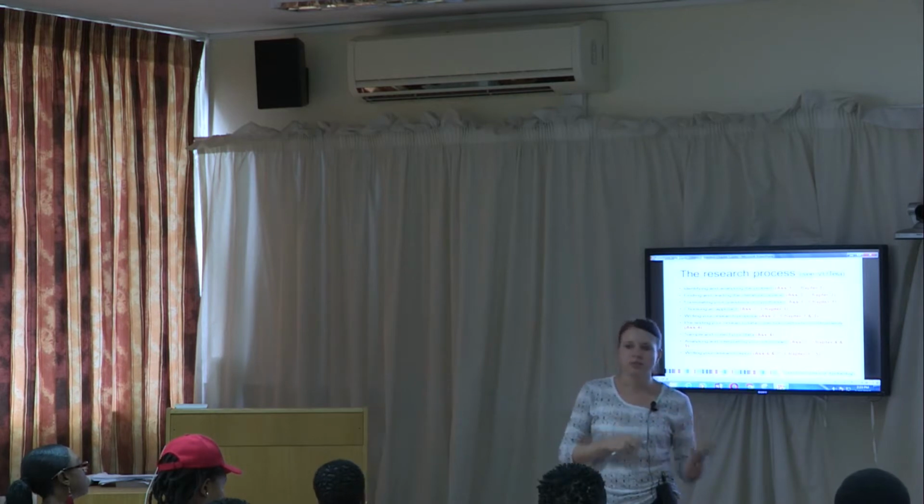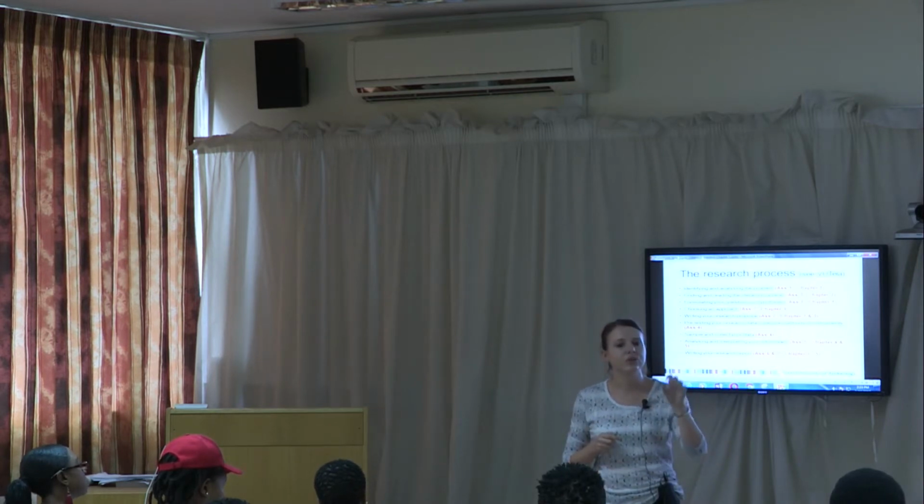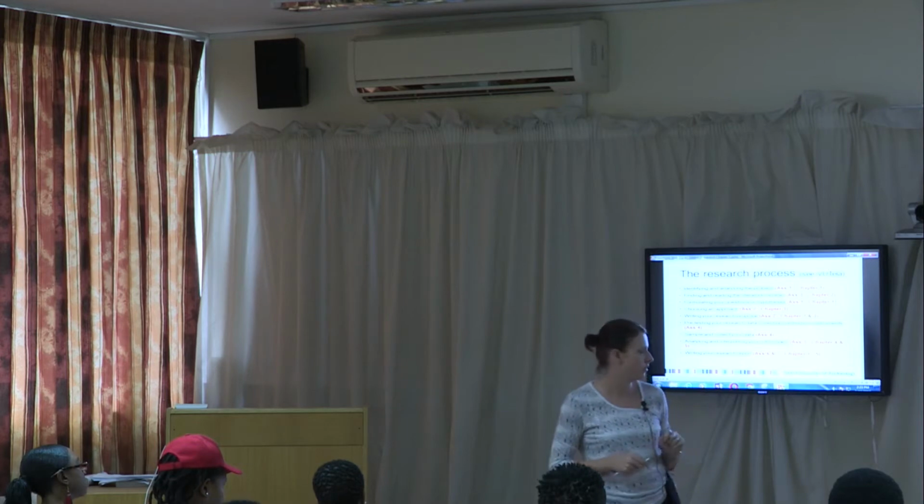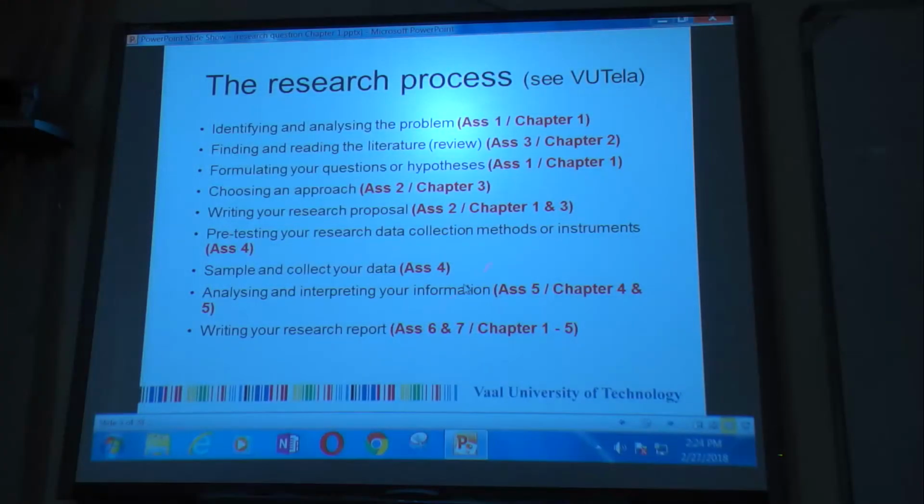They are aged between this and this, based on what you see from your questionnaires, all right, or from your interviews or whatever you're going to use. And then you need to interpret that. What does it mean for the establishment if most of the respondents are, for example, males? Or what does it mean if most of the respondents are high-income earners, for example? That is interpretation of the results. Assignment 5. It goes into chapter 4 and into chapter 5 of the final project.